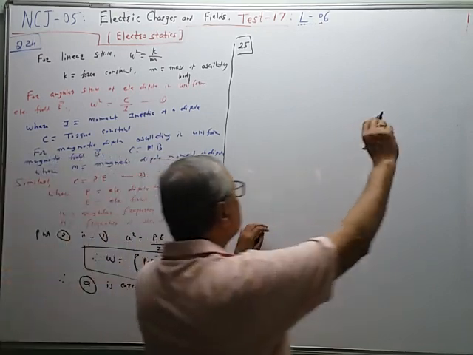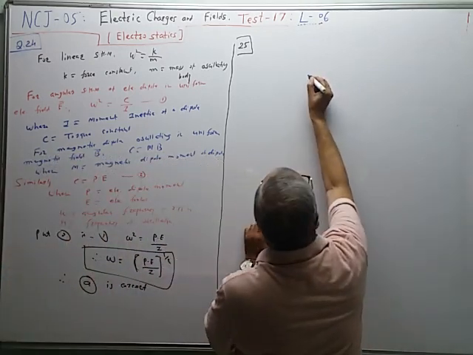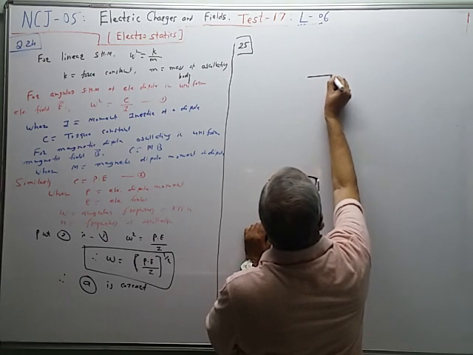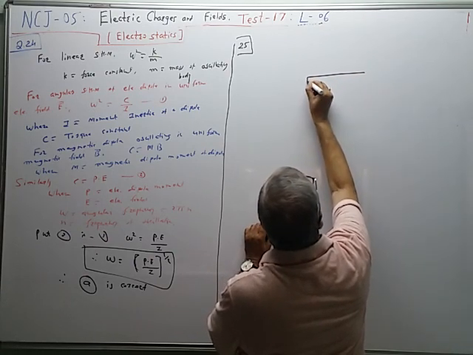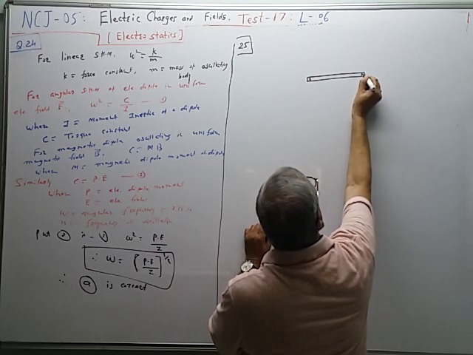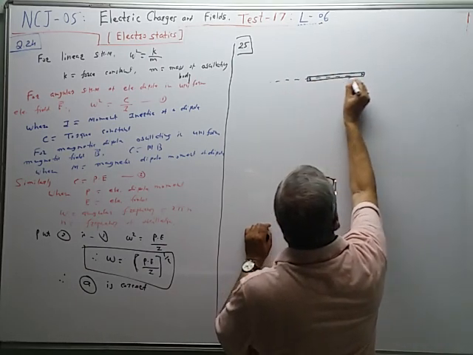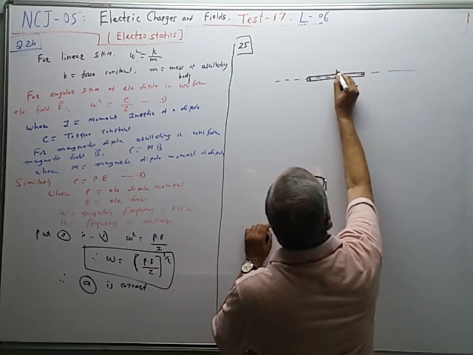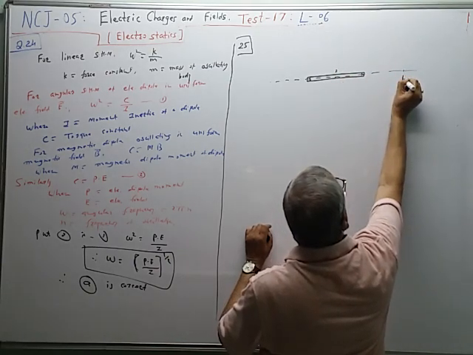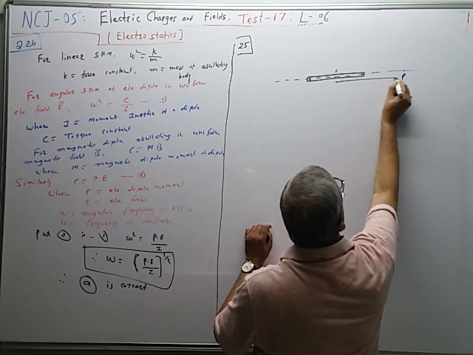So, we know the equations for magnetic field. So, if the magnetic dipole is like this, south pole, north pole, this is the center O, this is the point P on the axis.